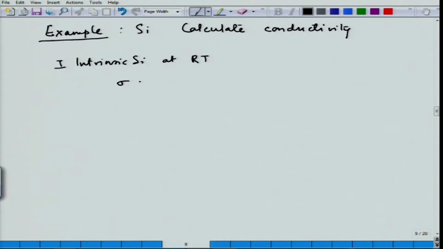So, what would be the conductivity? Conductivity is going to be nothing but, as discussed earlier, Q times the concentration for intrinsic silicon multiplied by the mobility for silicon, which we have just shown a few slides earlier. Then the hole concentration multiplied by mu p. Taking these values from earlier examples, I can write this as Q times Ni.